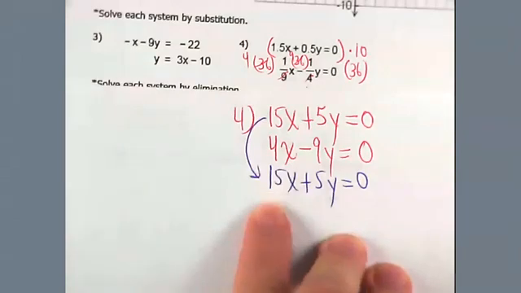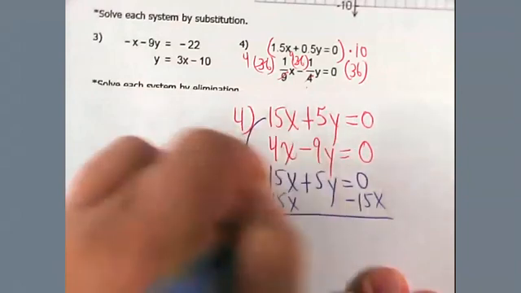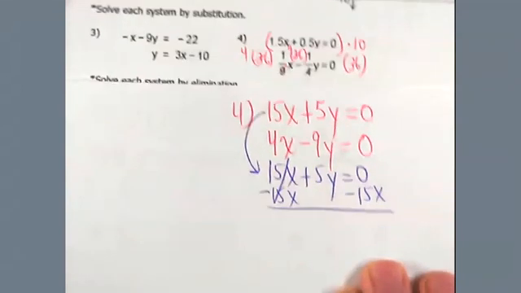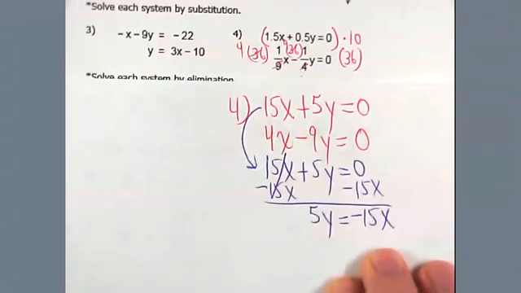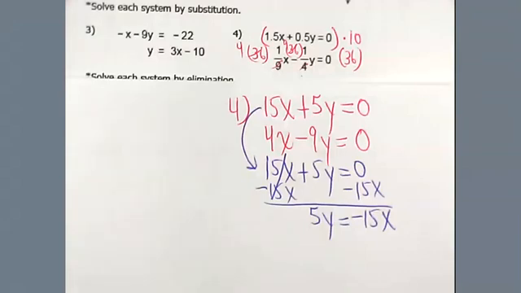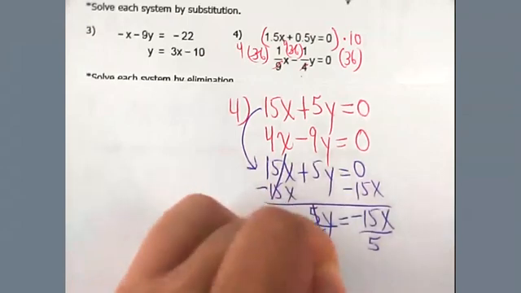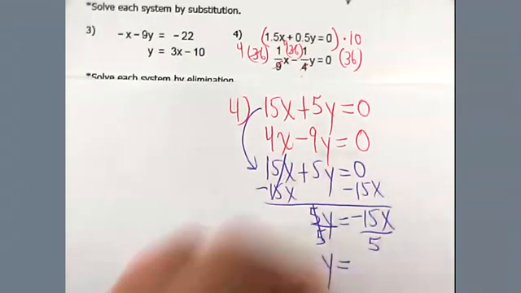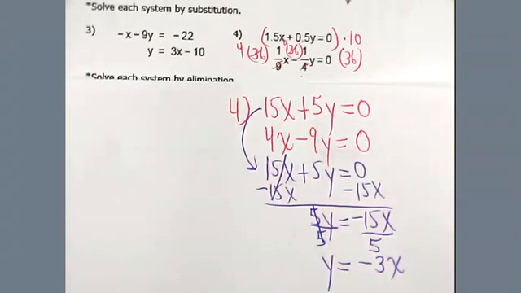So subtract 15x from both sides. So we have now 5y equal to negative 15x. And before we can use substitution, we need to get that y completely by itself. So we'll divide both sides by 5. So we got a letter by itself from one of the equations.